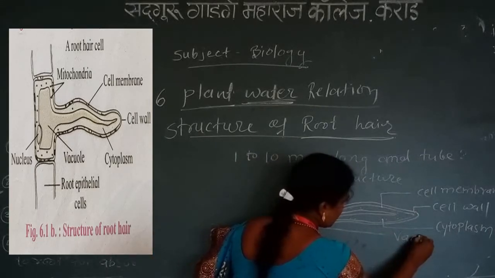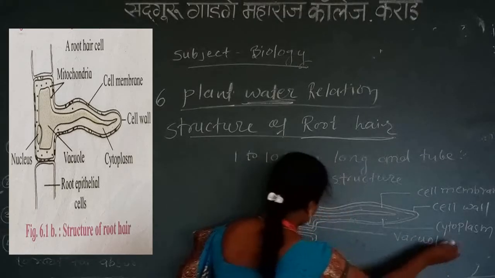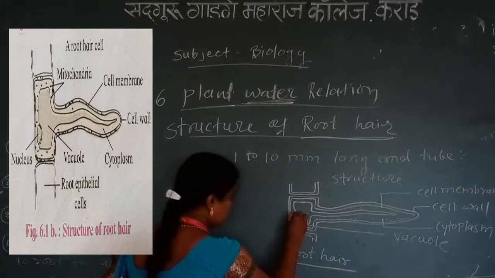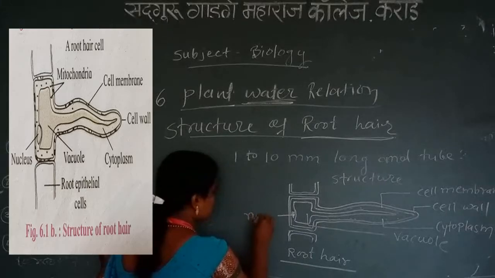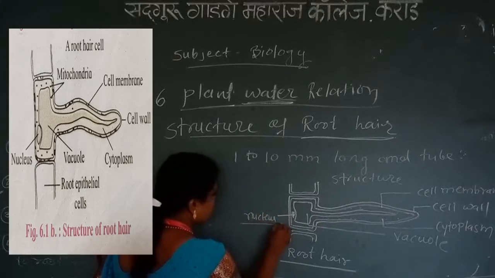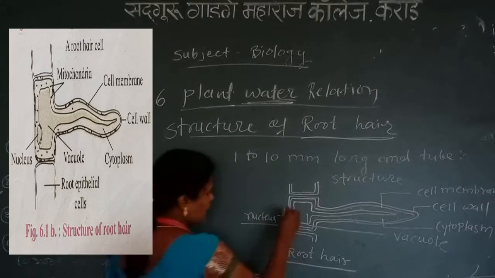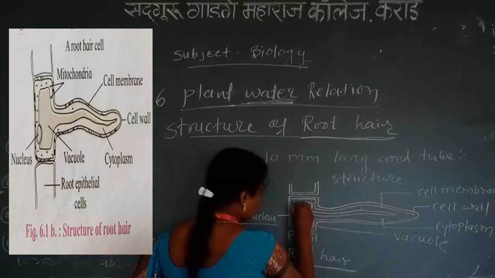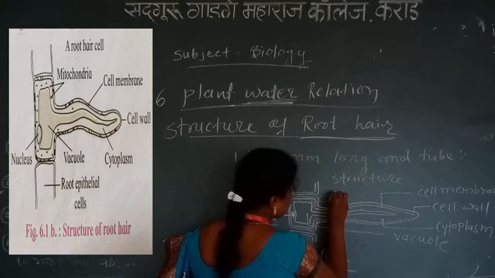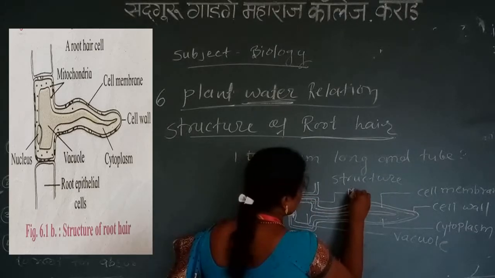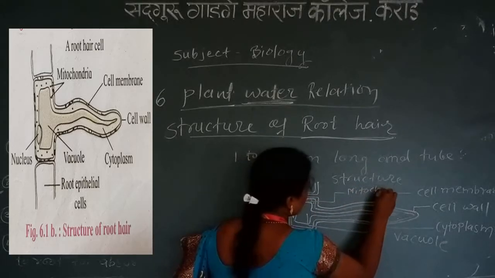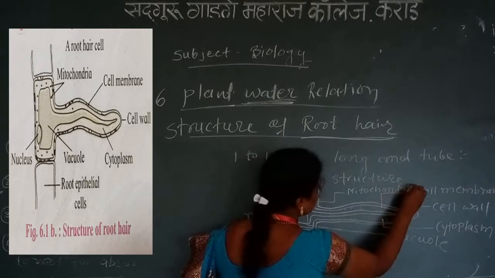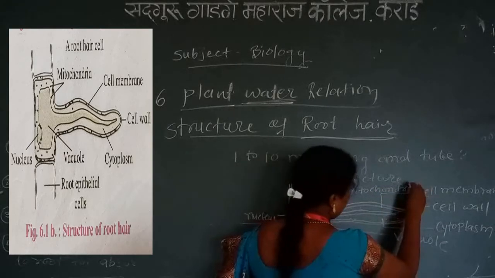This is a large vacuole, and this is the nucleus at the periphery of the cell. This particle-like structure is called mitochondria. Mitochondria is the powerhouse of the cell.